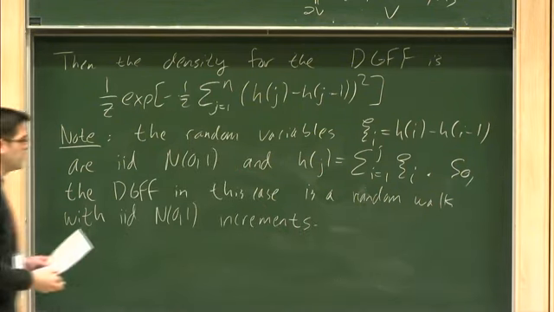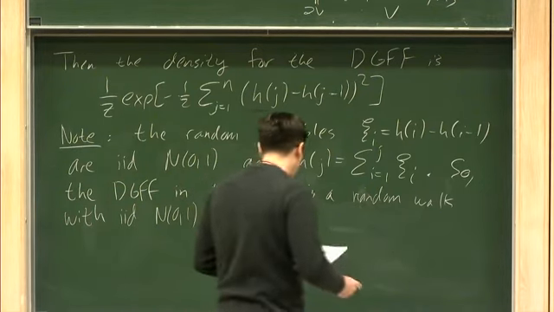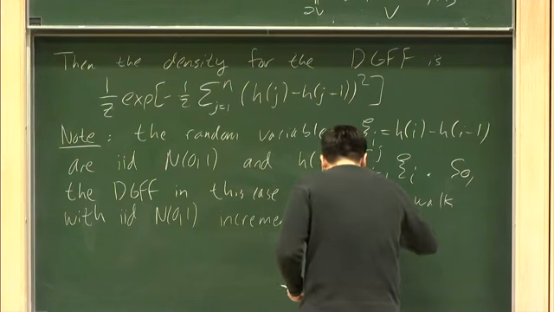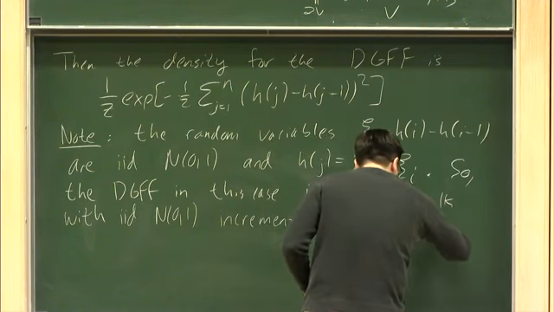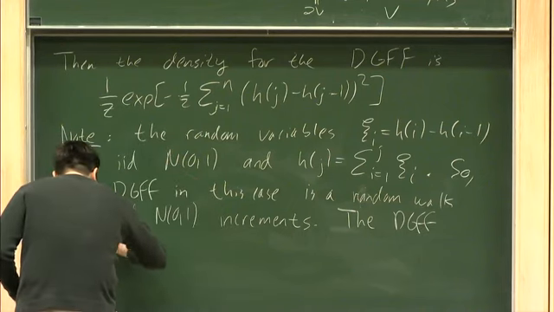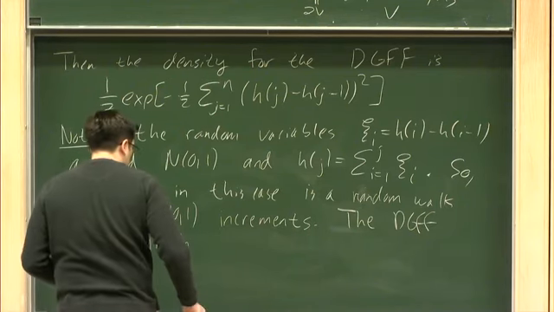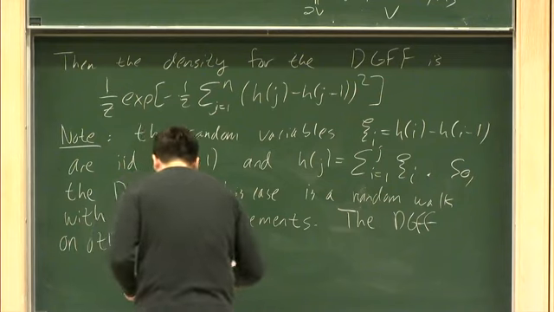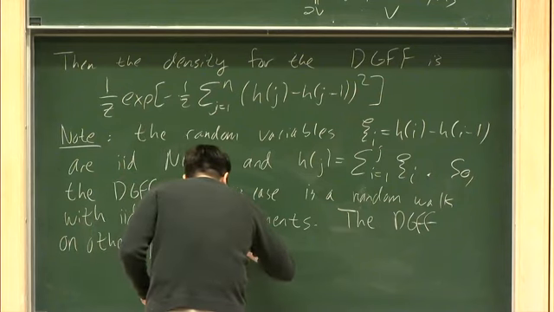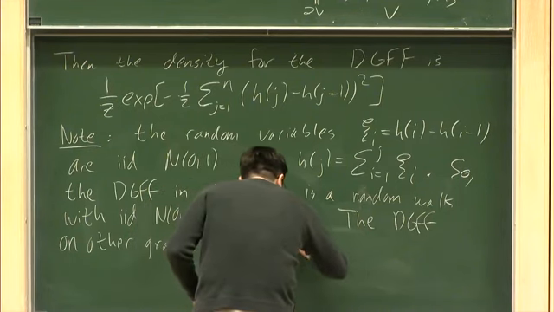Okay, so it's a very, very simple object. And the way that you should think about the Gaussian free field, or one way of thinking about it on other graphs, is that it's just sort of the natural generalization, or one natural generalization, of Gaussian random walk.